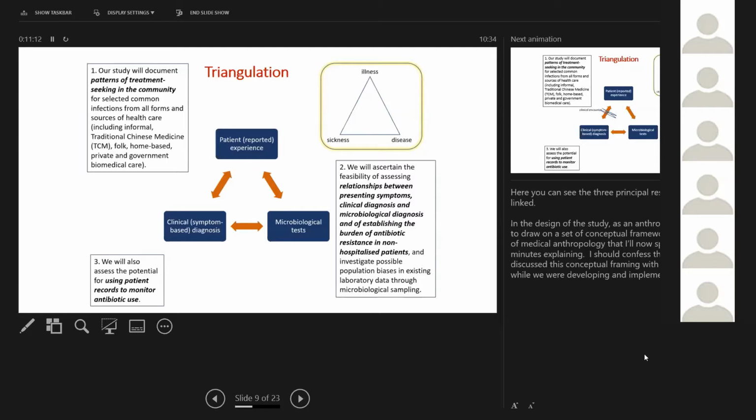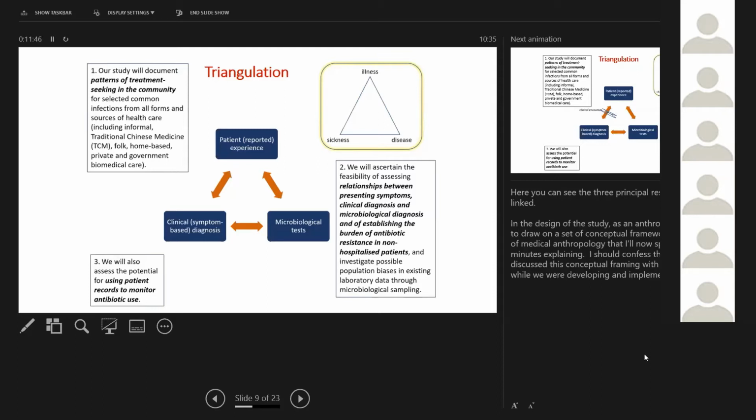So seeking treatment ultimately comes from a person having the perception of being unwell in some sense. And so it emerges from the experience of illness, which prompts seeking treatment from various possible sources of healthcare, and perhaps accessing it at the village clinics and township health centres, which we were studying.